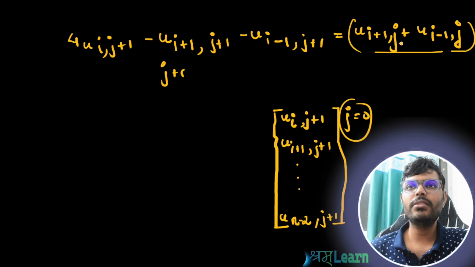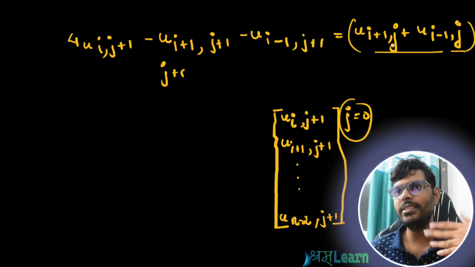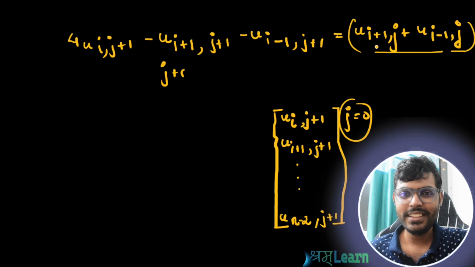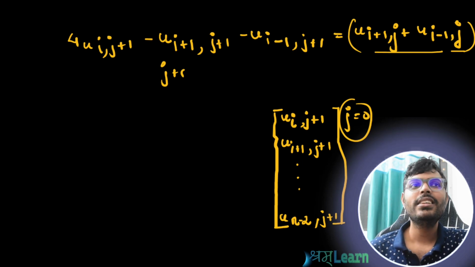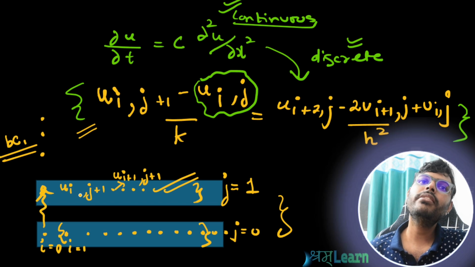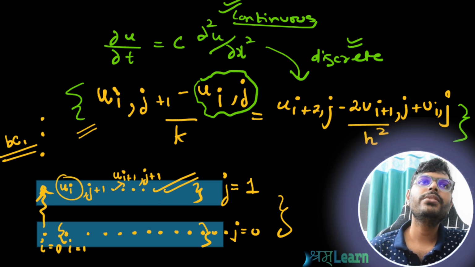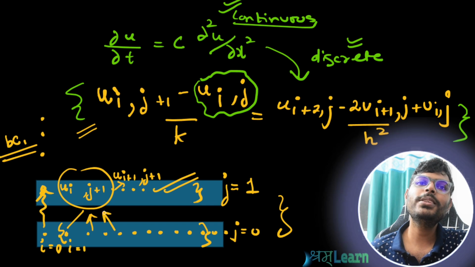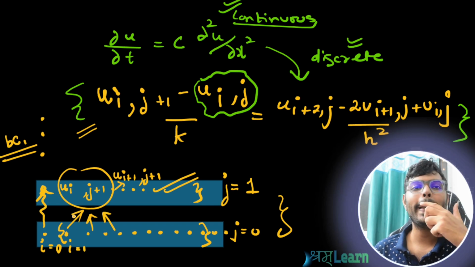So we are talking of the very first row, the 0th row, right? The 0th row. So a little bit of confusion in terms of indexing, but what is the whole story? The whole story is that we have to write all these points in terms of these points, right? That is the whole story.